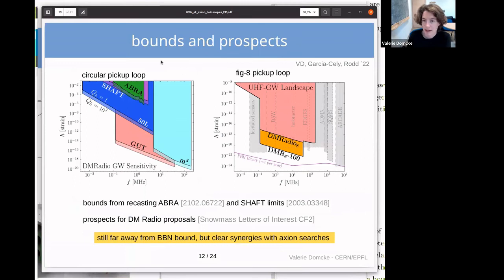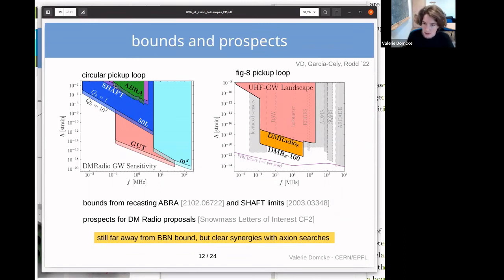The left is for the circular pickup loop, so this is just taking the existing axion experiments and the proposals exactly as they are. And then on the right, we have it for the figure 8 pickup loop, where we imagine that we can modify the pickup loop. And on the axis, you have again strain, the gravitational wave amplitude, as a function of frequency.